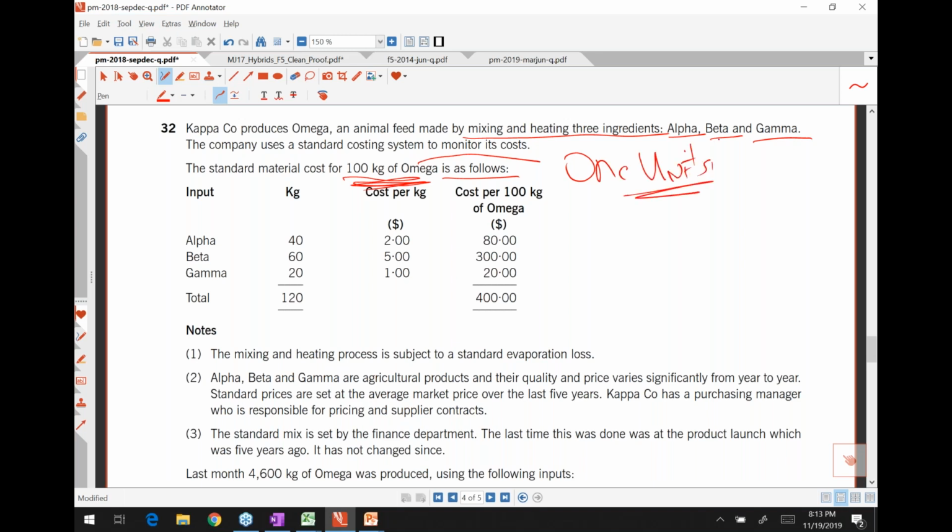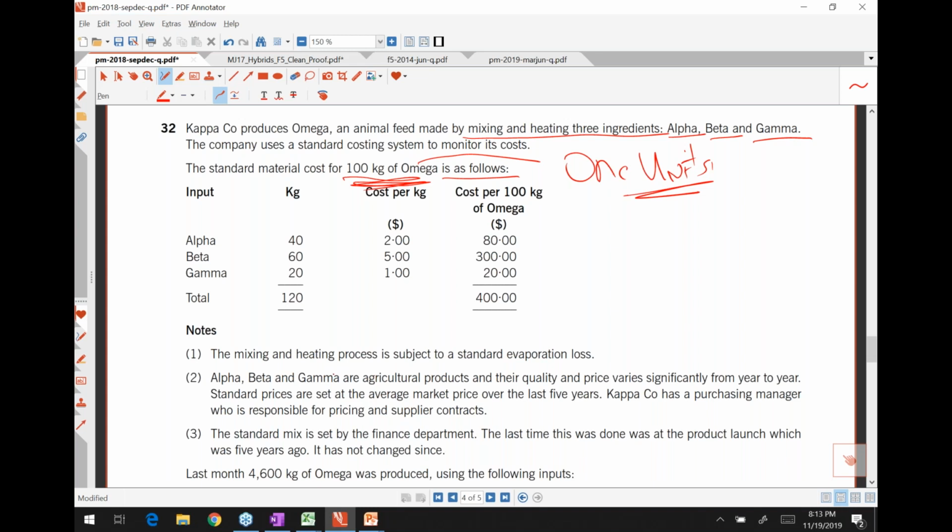Alpha is 40, beta is 60, and gamma is 20. Cost per kg is given to you, and cost per 100 kg of omega is also given to you. So maybe 1 unit comprises 100 kgs of omega.